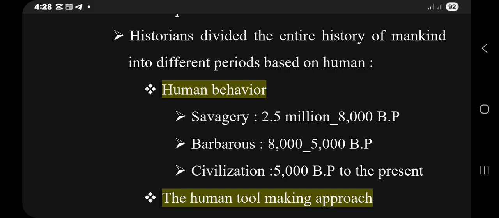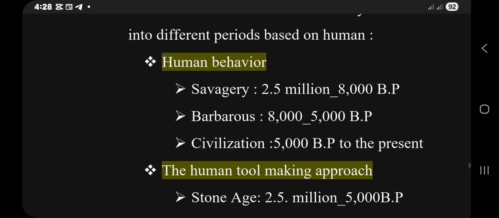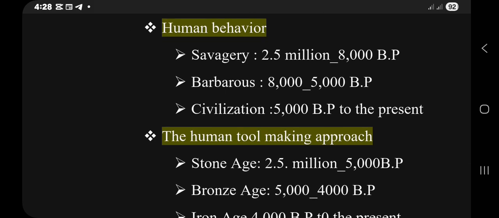The second category is barbarism, slightly different from savagery, from 8,000 to 5,000 BP. The third one is civilization, from 5,000 BP to the present. So these are the categories based on human behavior.